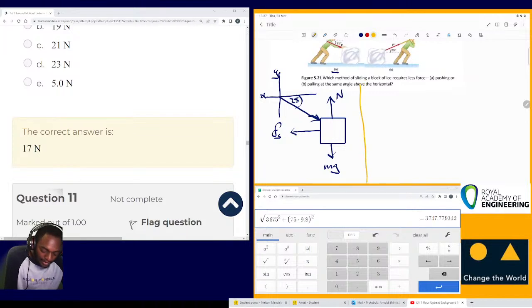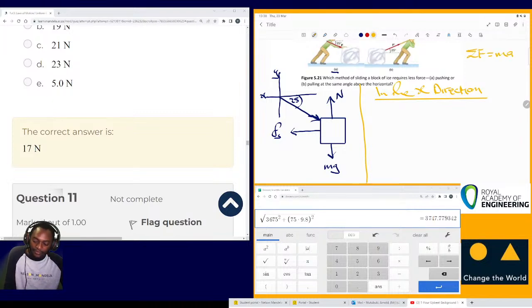Right, so in the x, we're still going to use the summation of forces equals ma, right? Yes, sir. There's another force that we did not include, which is the component of the force being resolved.